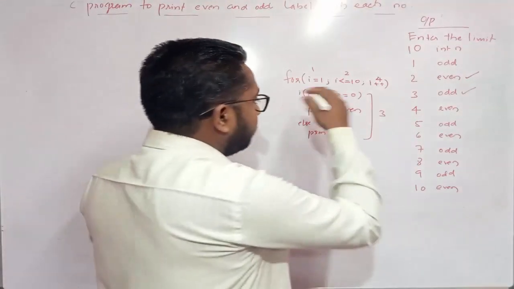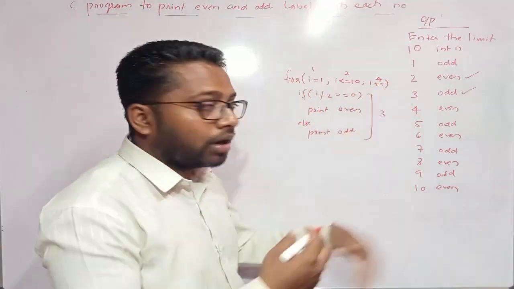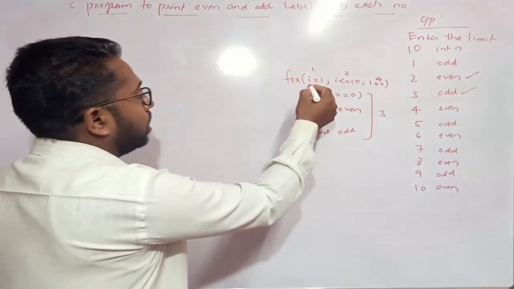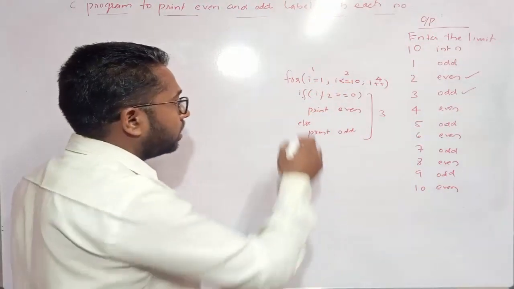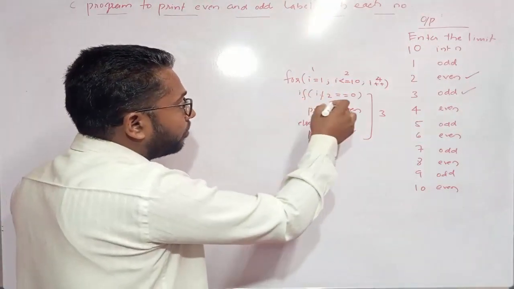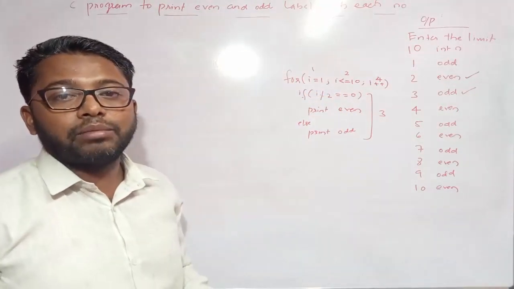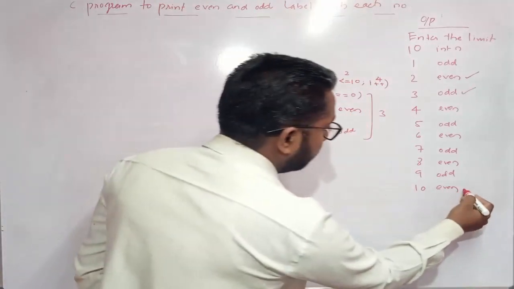Like this, with each and every iteration, the value of i gets incremented by 1 until the value of i becomes 10. When i becomes 10, we check 10 is less than or equal to 10. Yes, the condition is satisfied. Control comes inside, where we check 10 mod 2. Yes, 10 is completely divided by 2 without leaving any remainder. So the if block gets executed, and we get even here.